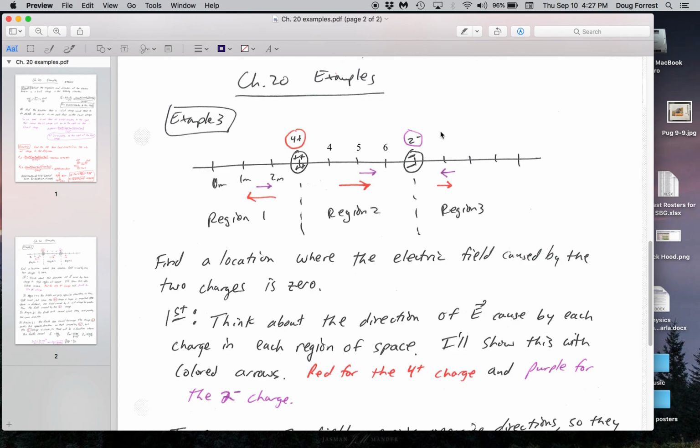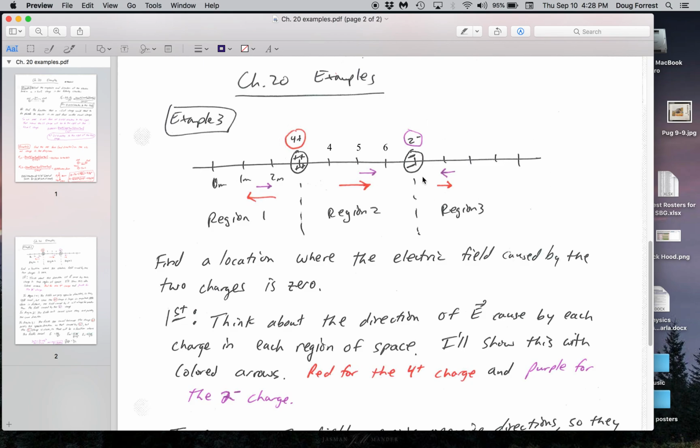In this area, the electric field caused by the -2 would point to the left toward the negative charge, and the electric field caused by the +4 would point to the right away from these positive charges. So they're pointing in opposite directions, and since the -2 is closer than the +4, it's likely that the effect caused by the closeness will be counteracted by the effect of this having more charge.